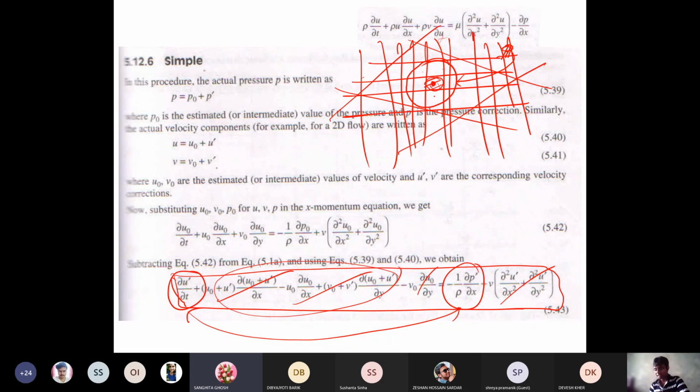This is physical. That's why even if you neglect this, it was found that the correction you obtain by retaining only these two terms, the final result is not going to change too much. So this is a very good assumption, I would say, and they have proved it.